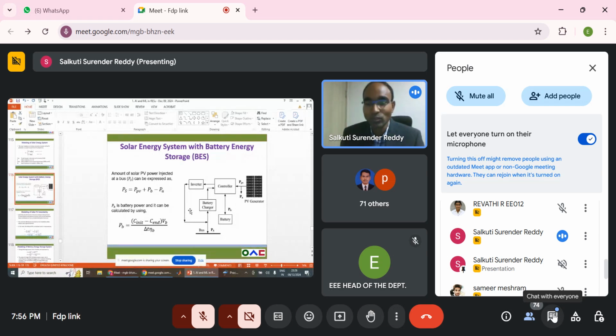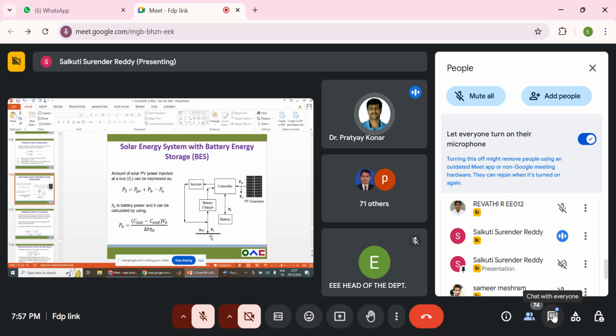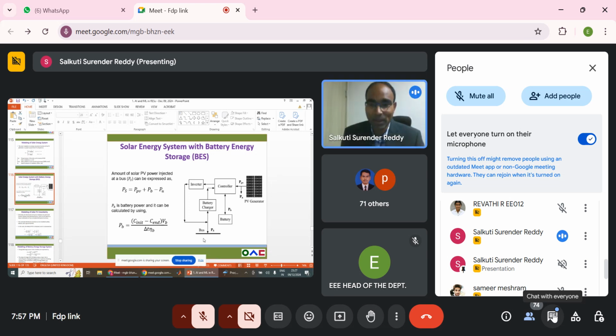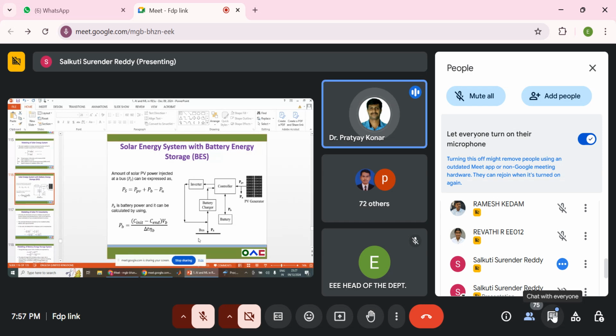This bus is a DC bus, and this is an AC bus. This is the power given to the system. The bidirectional arrow provided from the battery charger, I have not understood. I think this is a picture problem, sir. The bidirectional arrow is not there. Okay, then it's okay. Thank you.